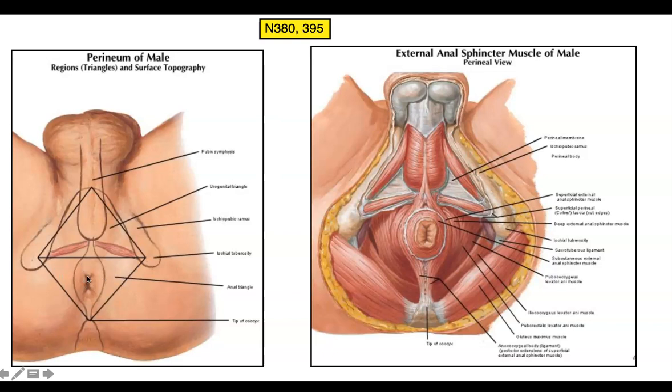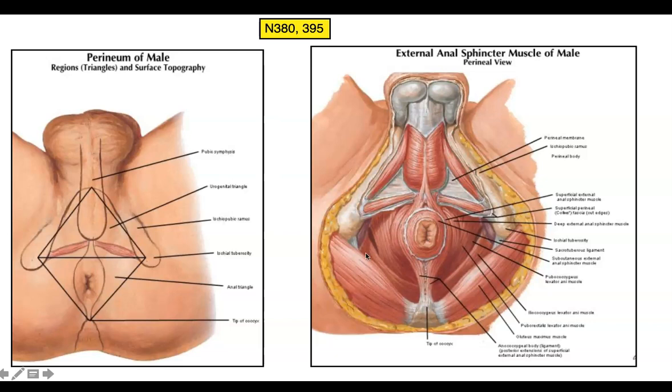So see, the anal orifice is here, and this is called the external anal orifice. The external anal orifice is the center point of the anal triangle. See the ischial tuberosities on each side, and this is the tip of the coccyx. So the anal canal is the central point.